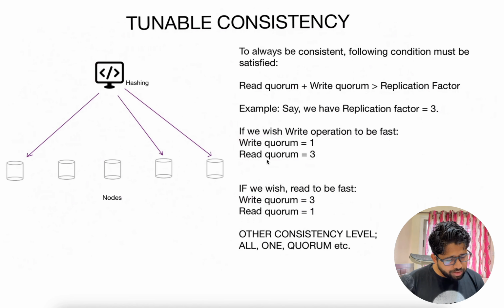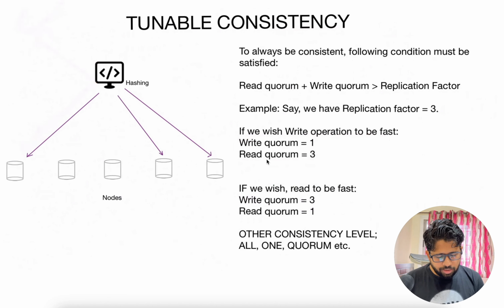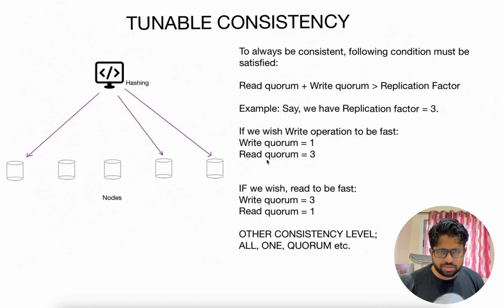So if you are making a write operation on one node, let's say you want the write to be fast, you will make the write operation, give the acknowledgement, etc. In that case, if you want the correct data, then you need to read the data from 3 nodes, that is node 1, node 2, and node 3, and then give the latest response based on the conflict resolution algorithms. So that's one thing.